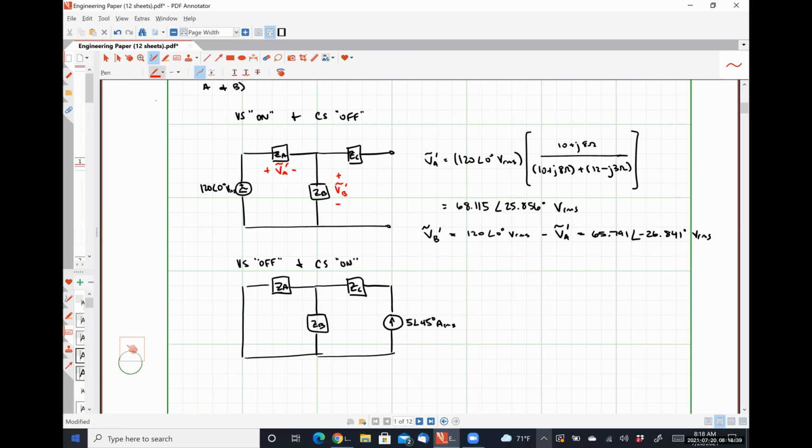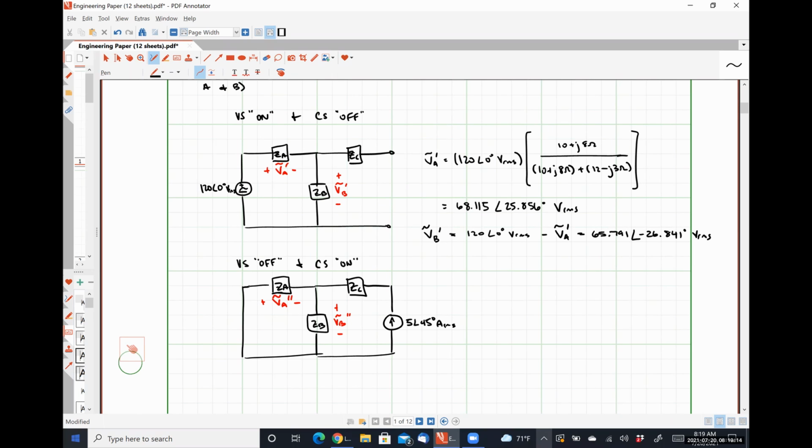And so this is going to be VB double prime, and this is going to be VA double prime. I can observe by inspection that VA double prime is just negative VB double prime or vice versa, right? Those two elements are in parallel, but the polarity of the voltages that we're looking for are opposite.